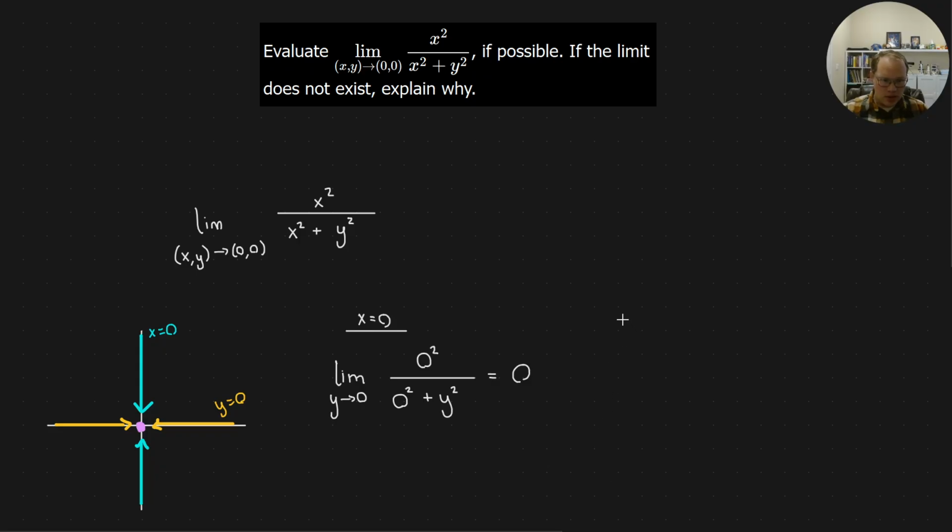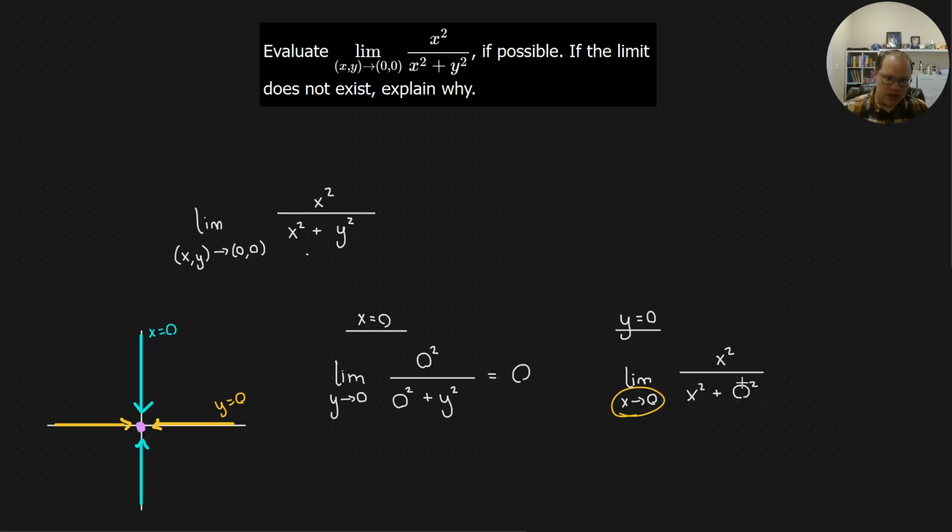Now let's look in the other direction, the direction y equals 0. So now I'm fixing y to be 0, and I'm going to let the x approach 0. So x squared over x squared plus y squared becomes x squared over x squared plus 0 squared.